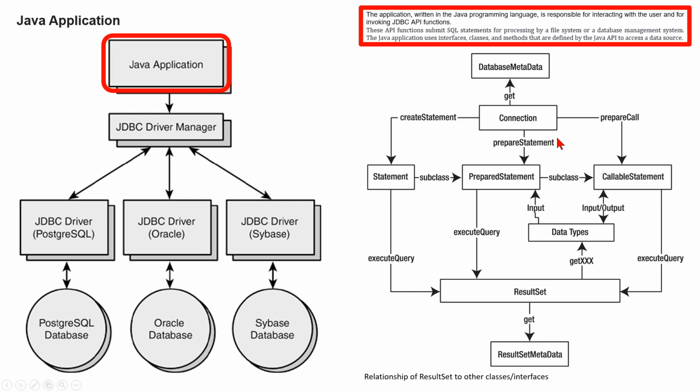Interface Connection in package java.sql in module java.sql. A connection session with a specific database. SQL statements are executed and results are returned within the context of a connection. Interface DatabaseMetaData: comprehensive information about the database as a whole.